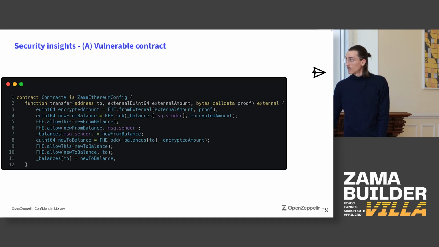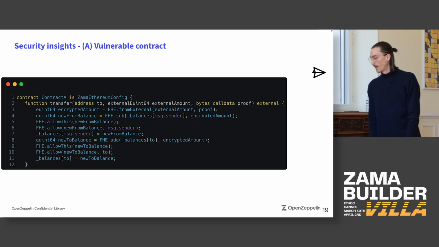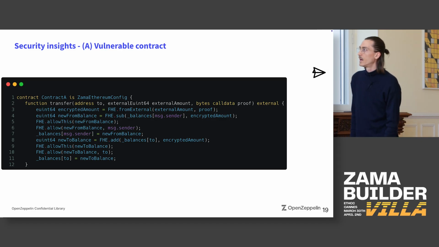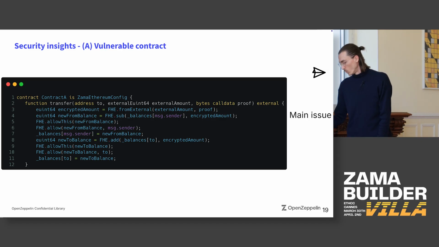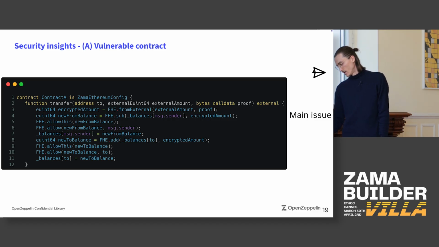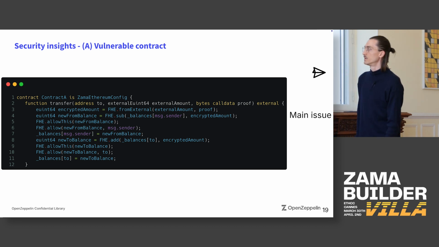Here, if you look at this contract A, we have a contract which allows to transfer confidential tokens to someone. For example, at line 4, the balance of the sender is decreased, and at line 8, the balance of the destination is increased.